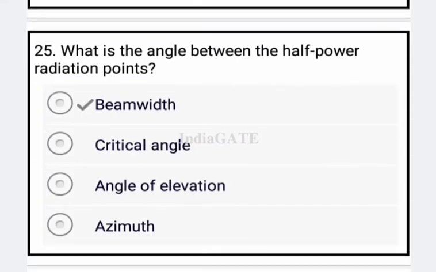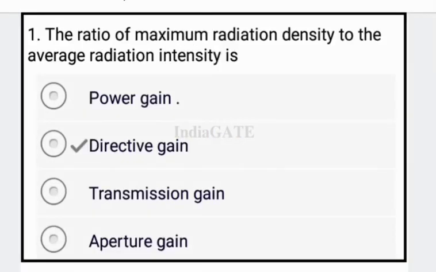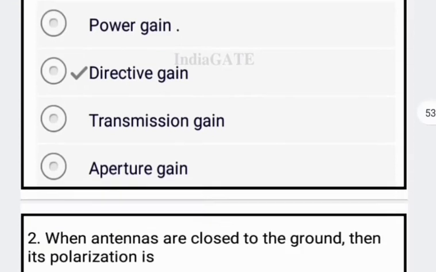Next question. What is the angle between the half power radiation points? So the correct answer is beam width. So option A is your correct answer. Next question. The ratio of maximum radiation intensity to the average radiation intensity is directive gain. So option B is your correct answer. Next question.